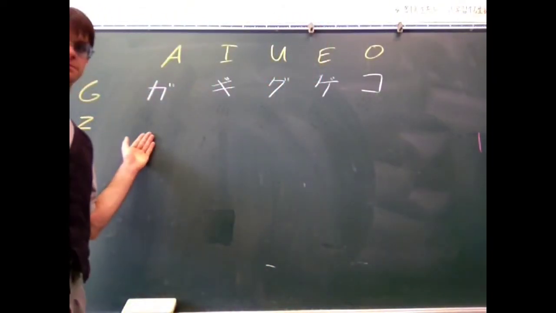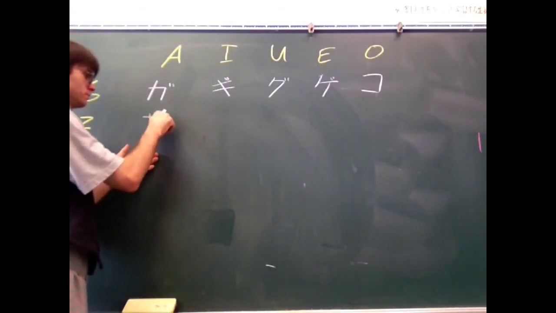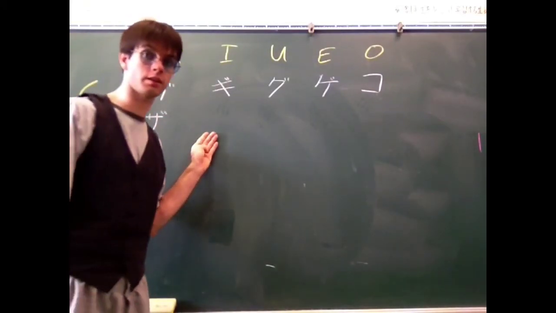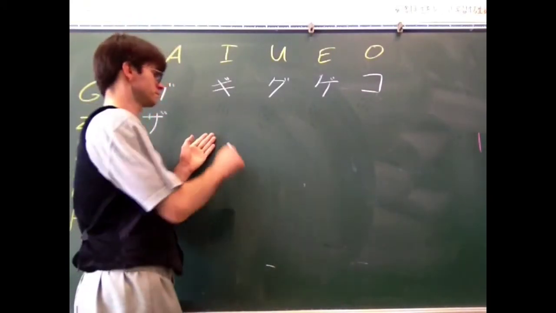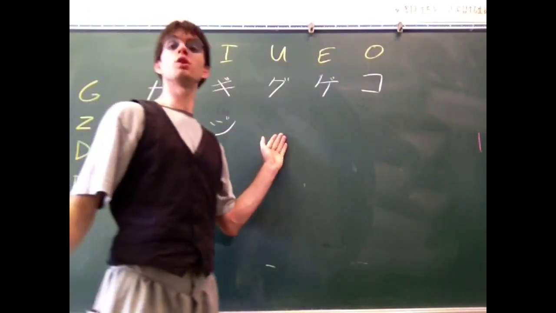Za. G with the she instead, not the chi yet. She. Zoo.